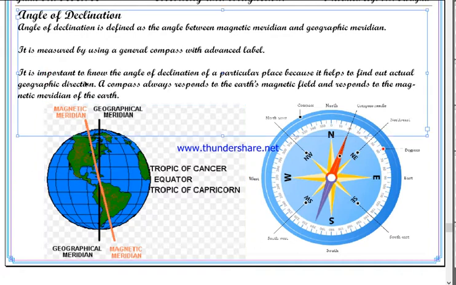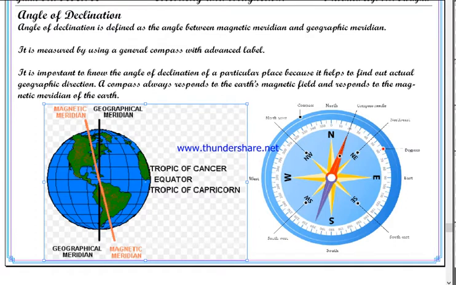It is important to know the angle of declination of a particular place because it helps to find out the actual geographic direction. A compass always responds to the Earth's magnetic field and to the magnetic meridian of the Earth.